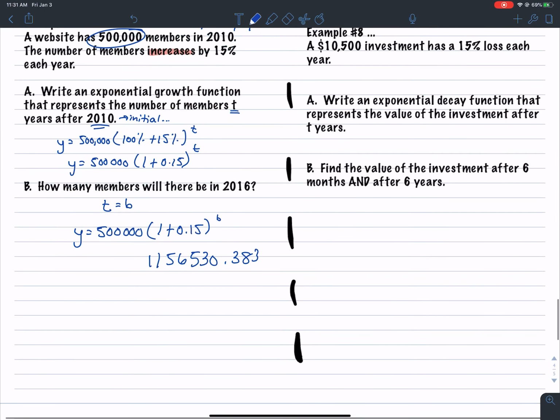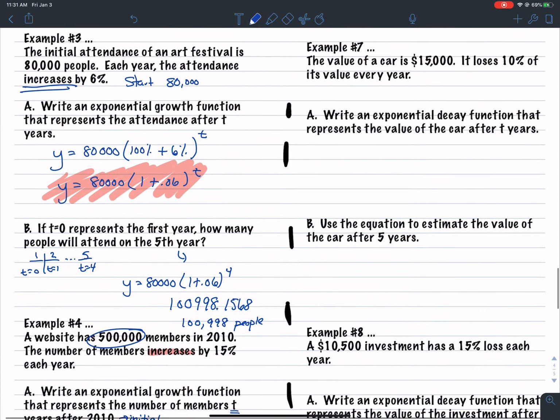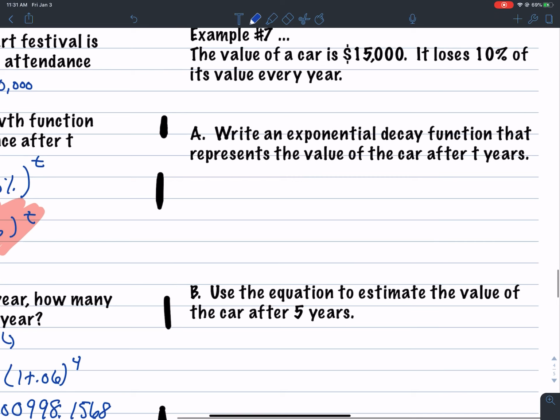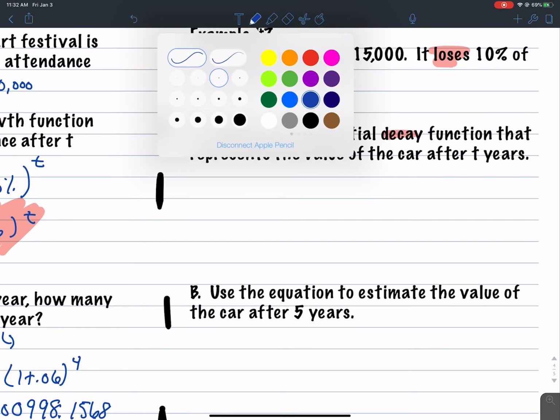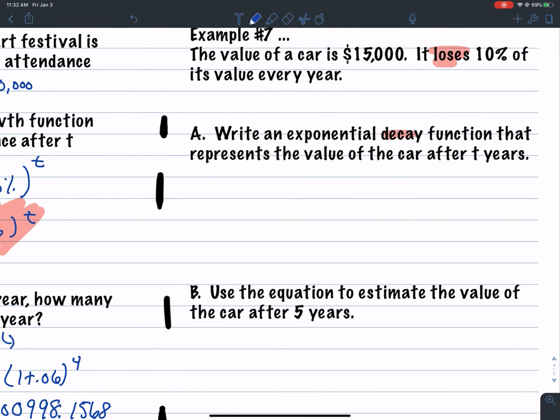So let's do just one more example, or 2 more examples actually with our decay. So the value of a car is $15,000 and it loses 10%, which is why we're going to do a decay. So if I lose 10%, in other words, I'm thinking about I'm only keeping 90%, right? So I could write this as y equals, it starts as $15,000. Now every year it's worth 100% of what it started as, but I lose 10%.